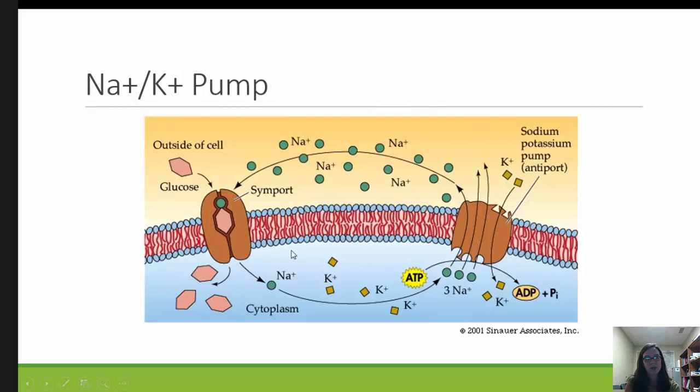It wants to go into an area of lower concentration, right? So then we can use that electrochemical gradient in this symport so that it can take the sodium and the glucose from outside of the cell and move it into the cell. So it helps us move our nutrients. This pump helps us move our nutrients into the cell.